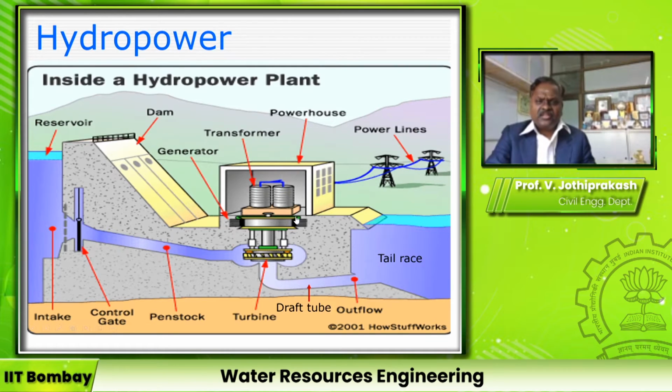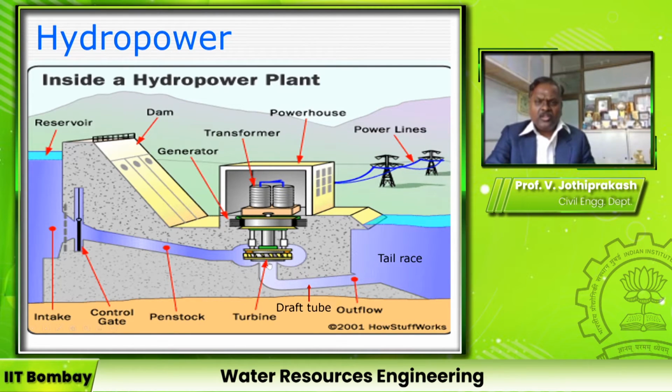Because of the cut in the magnetic flux, electricity is created, which is led to the transformer, and then in the powerhouse it is controlled, and from the powerhouse it is sent to the distribution grid through power lines. And then the water which impacted on the series of cups will fall down, but still it will have a huge residual velocity.